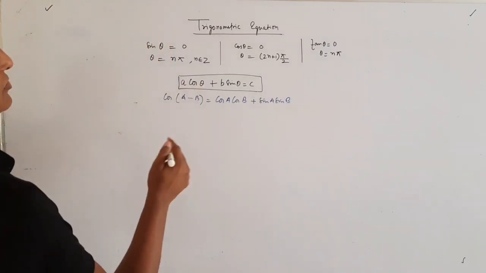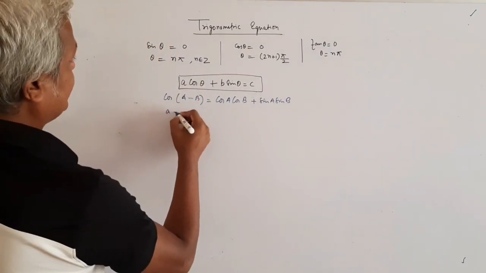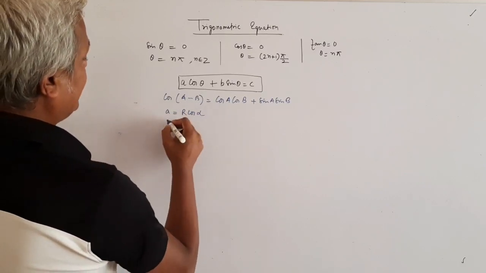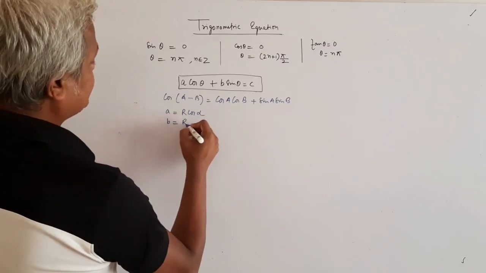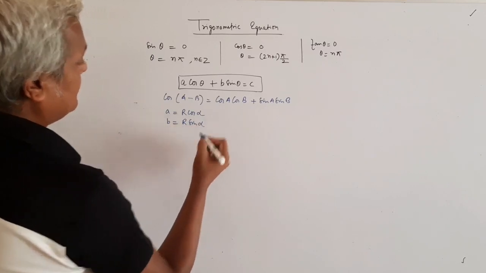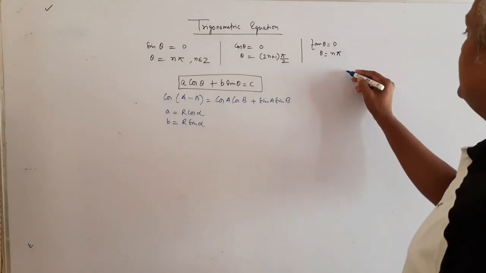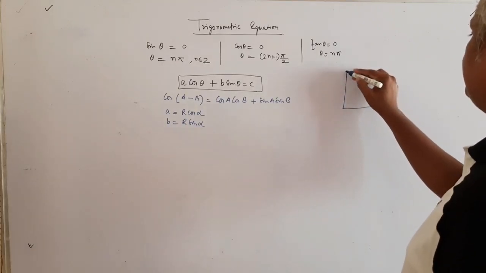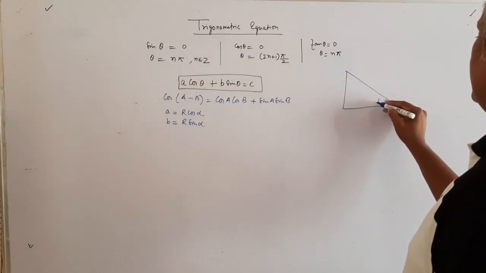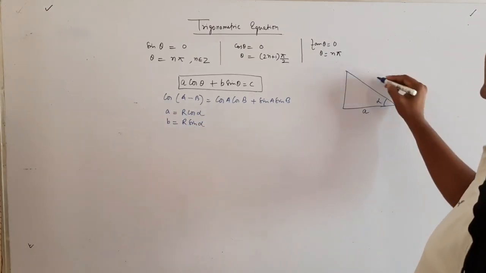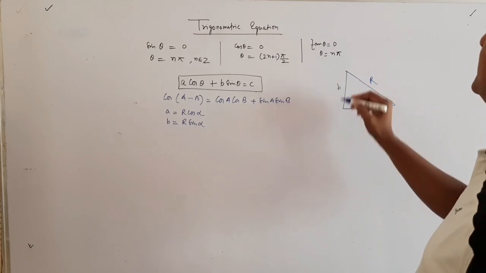So now just one suitable assumption. Suppose I say that a is R cos alpha and b is R sin alpha, meaning I am assuming a right angle triangle of this kind where this angle is alpha, and for cos it is a, so this is your adjacent a, hypotenuse is R, and this is b.